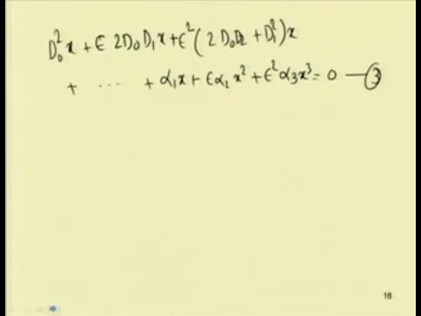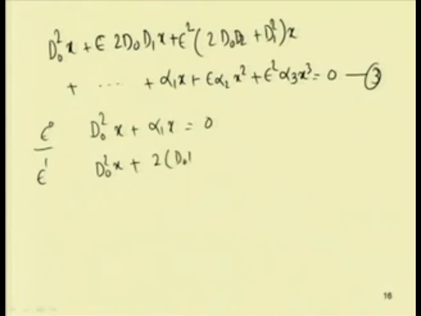So, now we can order with different orders of epsilon. Order of epsilon 0, this equation can be written as D0² x plus alpha 1 x equal to 0. In order of epsilon 1, I can write D0² x plus 2 D0 D1 x' plus alpha 1 x' plus alpha 2 x² equal to 0.